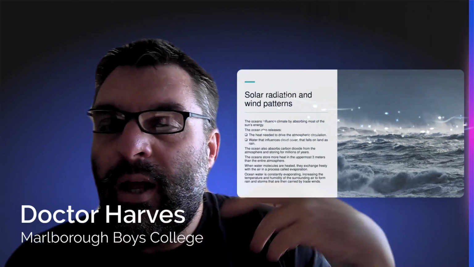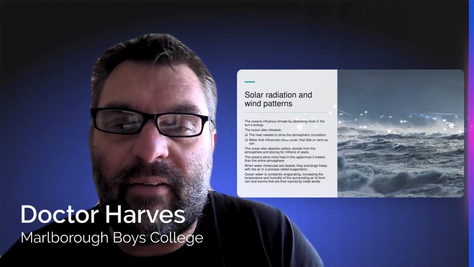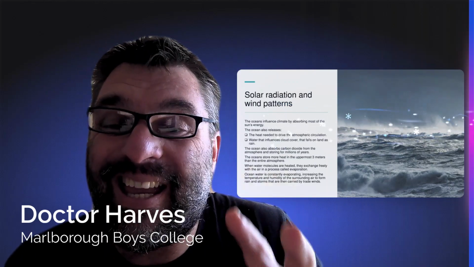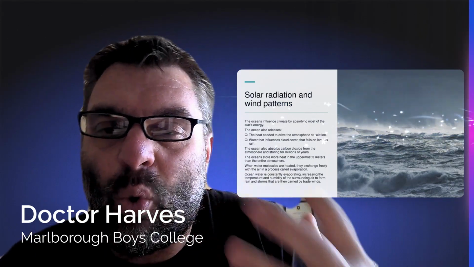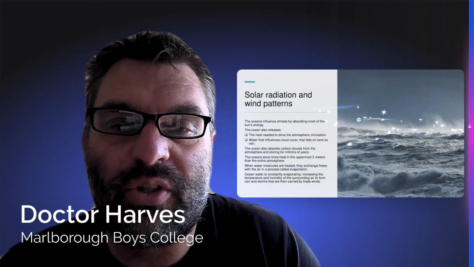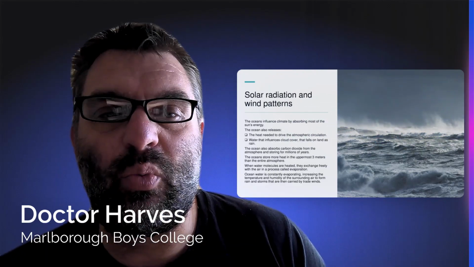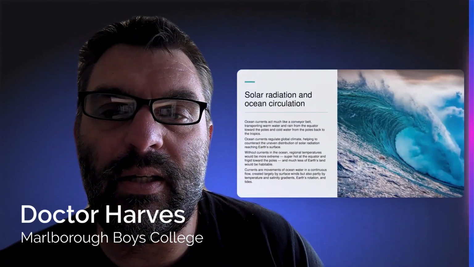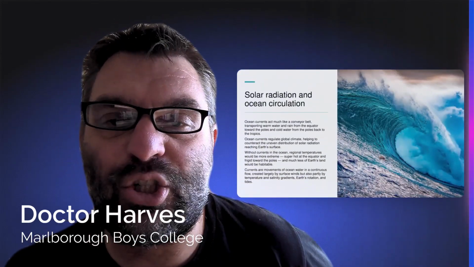Because the oceans are constantly evaporating, it maintains the global temperature and also the humidity around the surrounding areas. It also allows the trade winds, which we'll look at next in terms of ocean circulation.